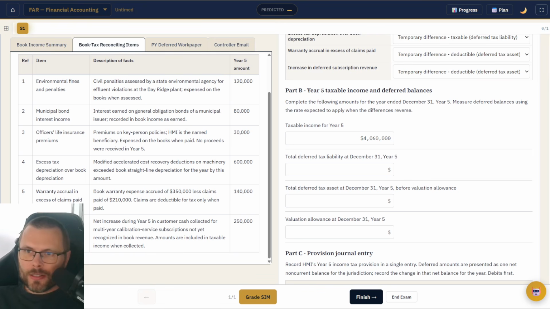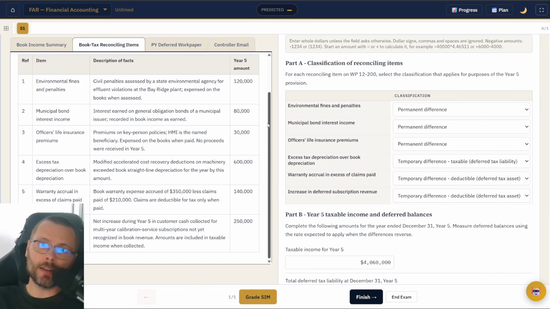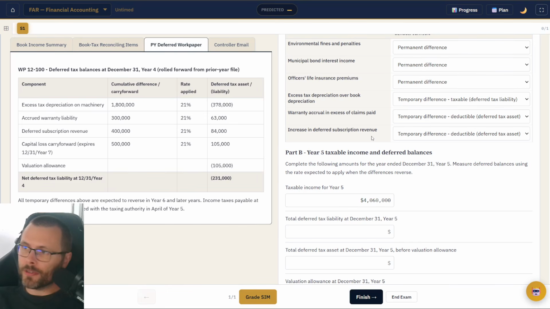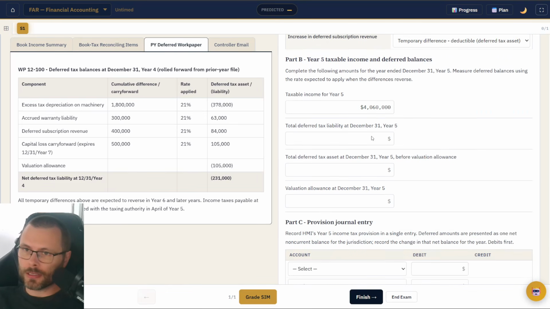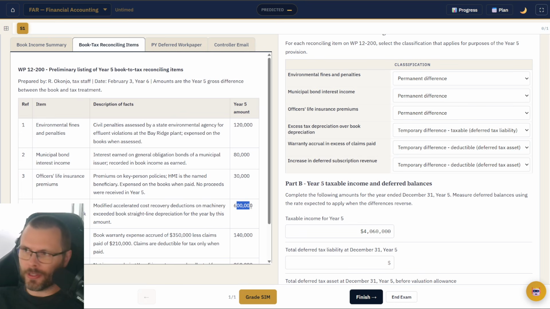Okay, the second one, total deferred tax liability, December 31, year 5. We need to figure out from the stuff that happened this year and the prior year work paper what our deferred tax liability is at the end of this year. So we've got the excess tax depreciation over book depreciation, $600,000 for the year.